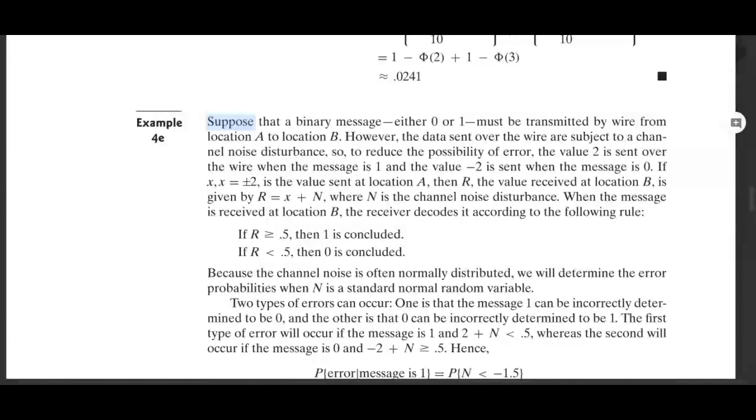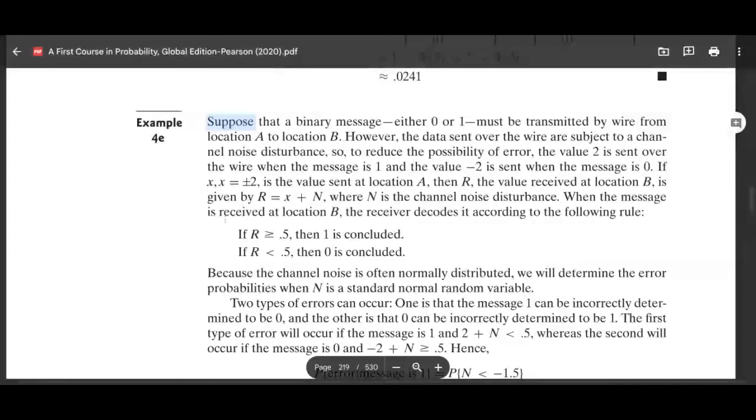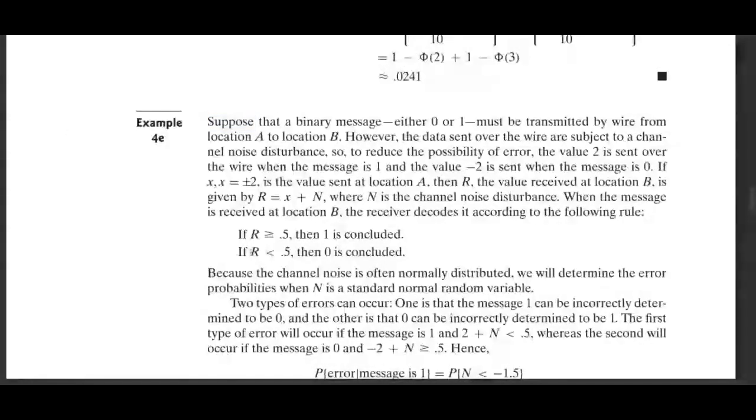If x equals plus or minus 2 is the value sent at location A, then R, the value received at location B, is given by R equals x plus n, where n is the channel noise disturbance. When the message is received at location B, the receiver decodes it according to the following rule. If R is greater than or equal to 0.5, then 1 is concluded. If R is less than 0.5, then 0 is concluded.